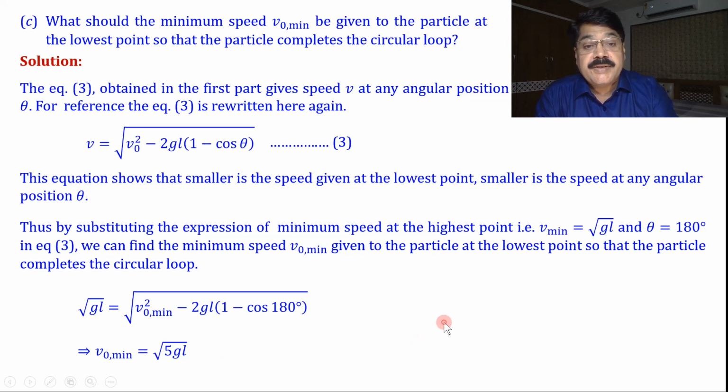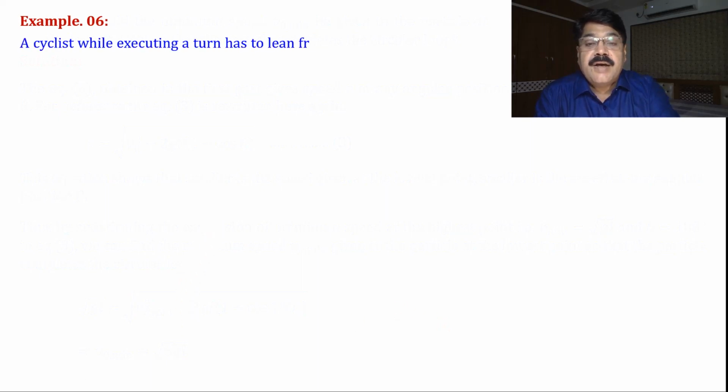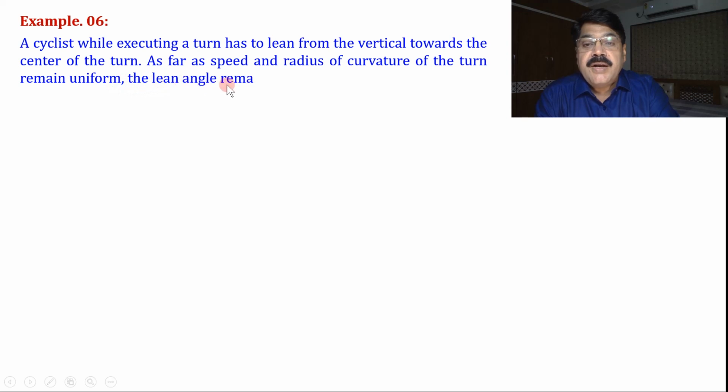Now let us come to the next example. Example 6. A cyclist, while executing a turn, has to lean from the vertical towards the center of the turn. As long as speed and radius of curvature of the turn remain uniform, the lean angle remains constant.